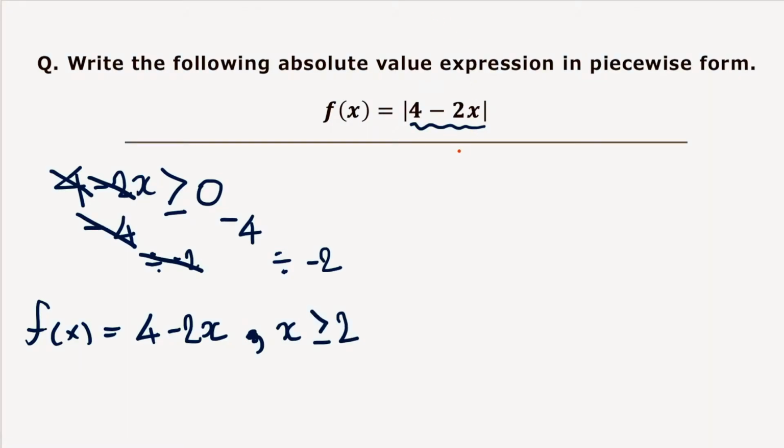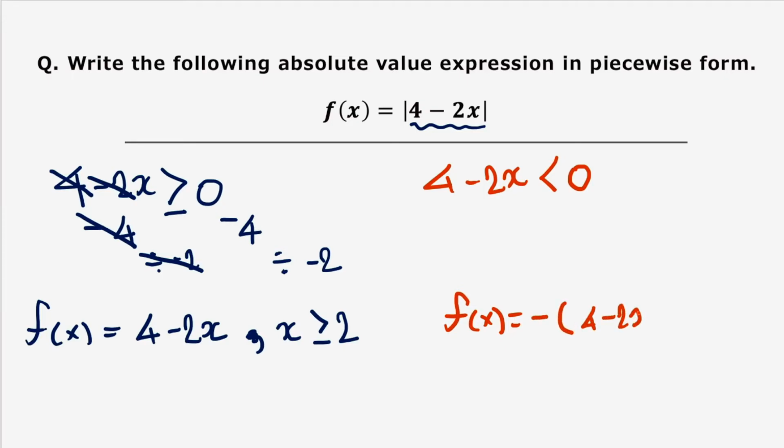Now let's do the other case, when 4 minus 2x is in fact negative. In this case, f at x will come out with a negative sign. So here's negative (4 minus 2x). And this will go through every single one here. So it's going to be negative 4, negative, negative become positive, plus 2x.